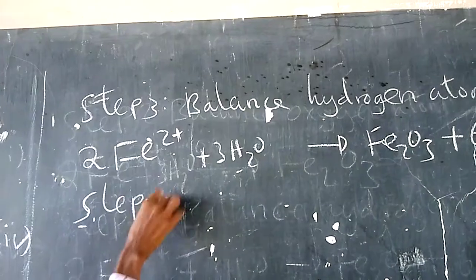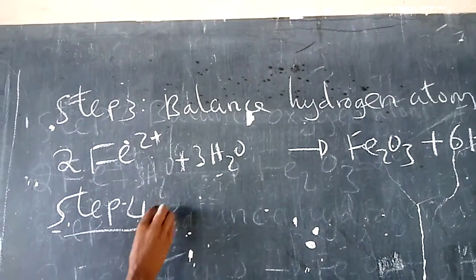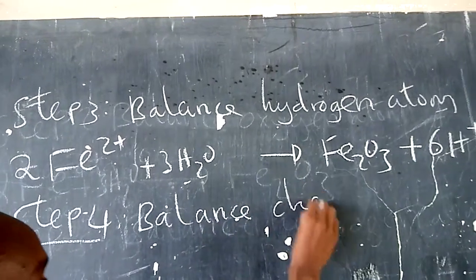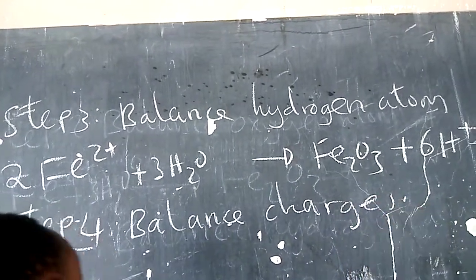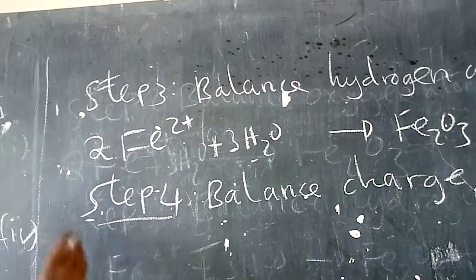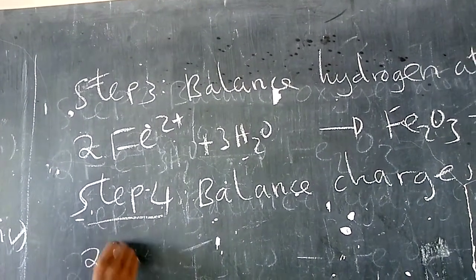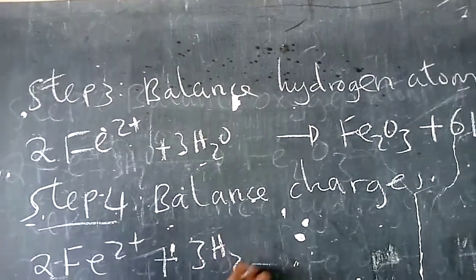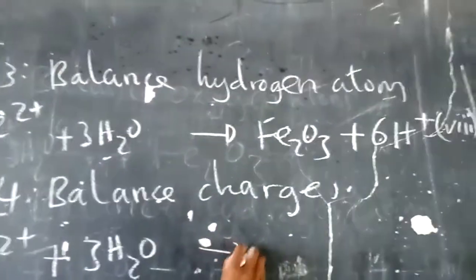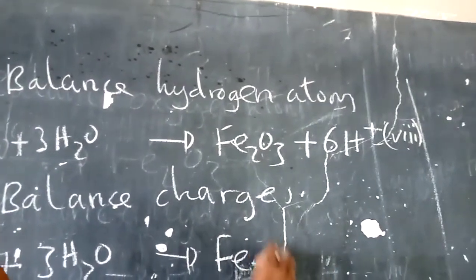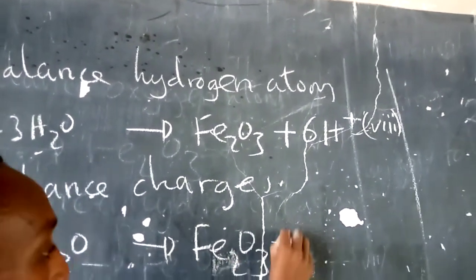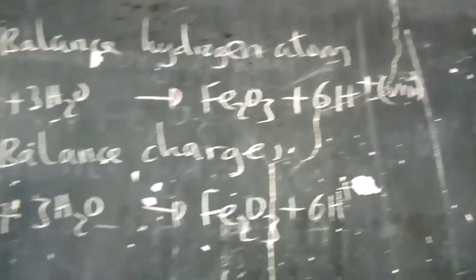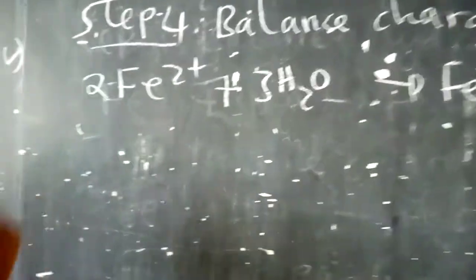Step 4. Balance charges. Very simple. To balance charges, take your equation as it is. Now we have 2 Fe2+ plus 3 water molecules to get Fe2O3 plus 6 H+ protons. Understood?